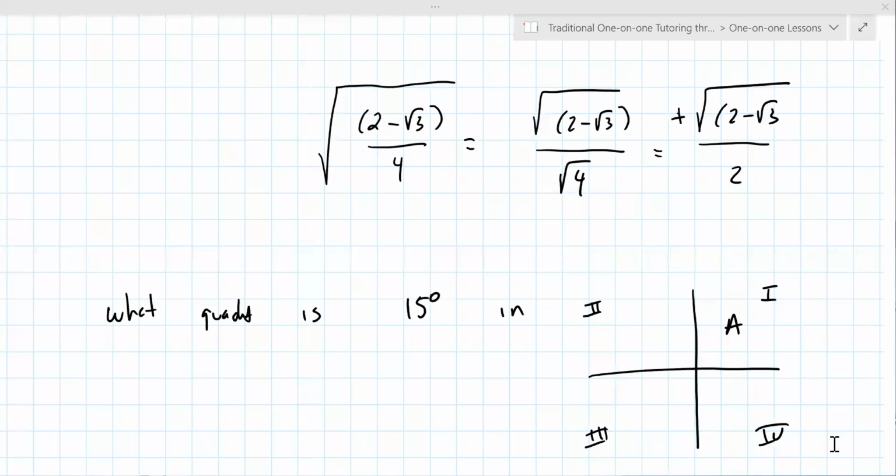All right. So let's do another one here. Let's say I wanted the cosine of 167.5 degrees. Now, you as a math student are supposed to recognize, oh, I don't know this value. It's not on the unit circle.